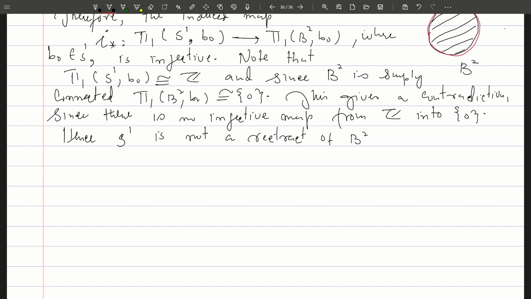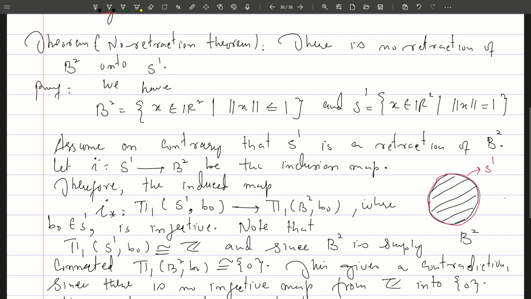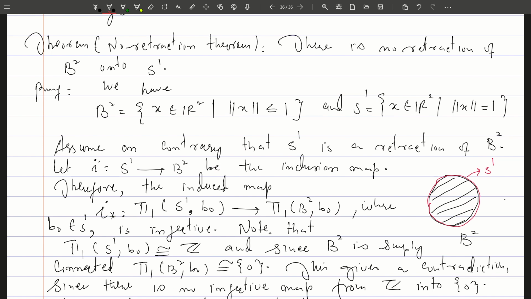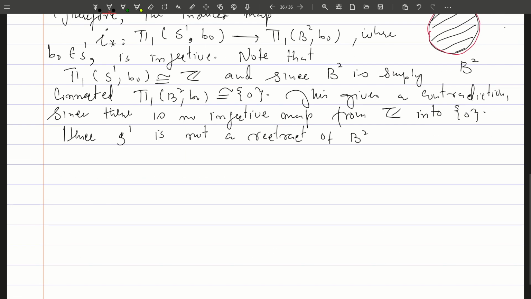Similarly, one can prove there is no retract of the closed interval AB onto its boundary, because we just proved there is no retract of B2 onto its boundary, where this S1 is just the boundary of B2, and we write delta B2 to denote the boundary of a surface. So this is left as an exercise.